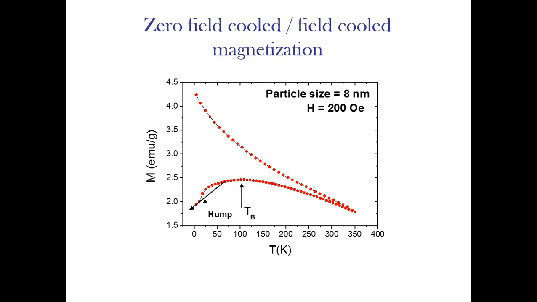So here is the zero field cool curve of this single phase nickel ferrite nanoparticles of 8 nanometer taken at 200 Oersted, and you can see the zero field cool curve is a little bit different because there is some hump below 50 Kelvin, and the blocking peak is very broad.